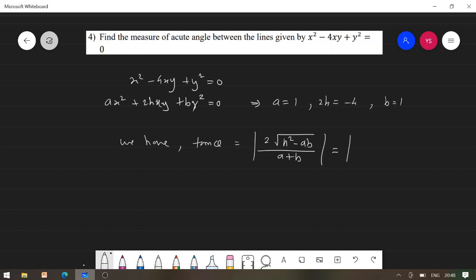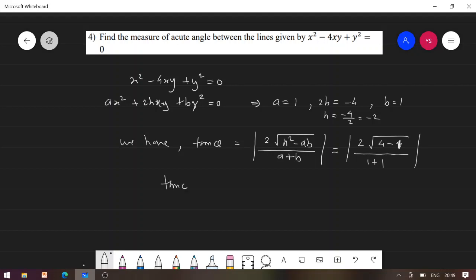We might get 2 times root of, that implies now here h value becomes minus 4 by 2, as in minus 2. So minus 2 square is 4. Minus 4 into 1 becomes 4. Whole divided by, we are having just a into b as in 1 into 1 is 1. Whole divided by a plus b.